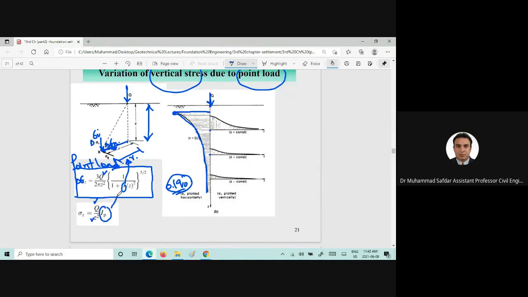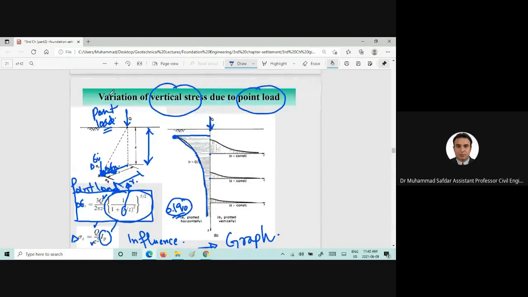We can replace this term by the influence factor, and I will explain how we will find this influence factor using a graph. So we can estimate the stress increase caused at this particular point when this point load is applied. Now, if we are moving away from the center line, this stress increase will decrease in such a manner. Okay.